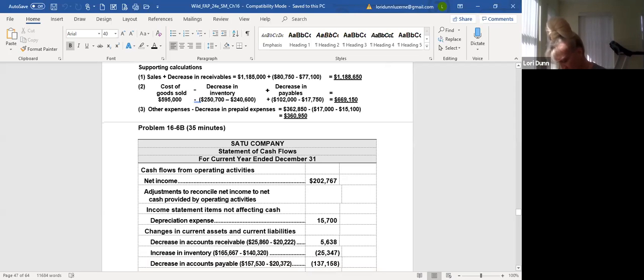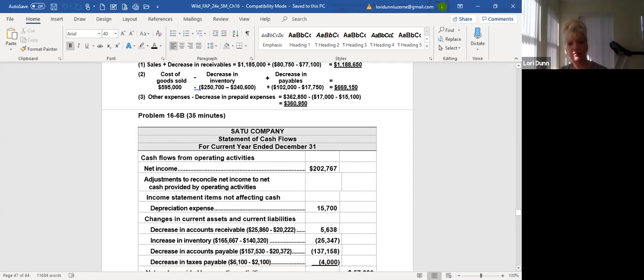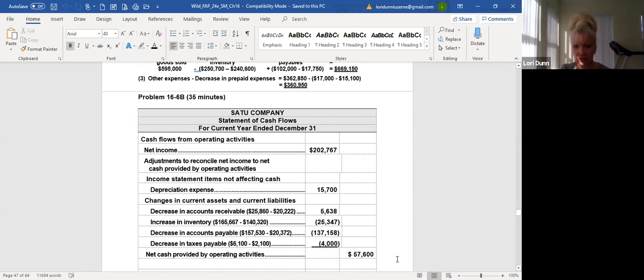Income taxes payable also decreased. It went from a $6,100 balance down to a $2,100 balance. Again, that means we paid more from the beginning of the year to the end of the year on this liability, so the effect on cash flow is also a decrease. So that's step 2 of the process of reconciling or adjusting net income accrual to net income cash.